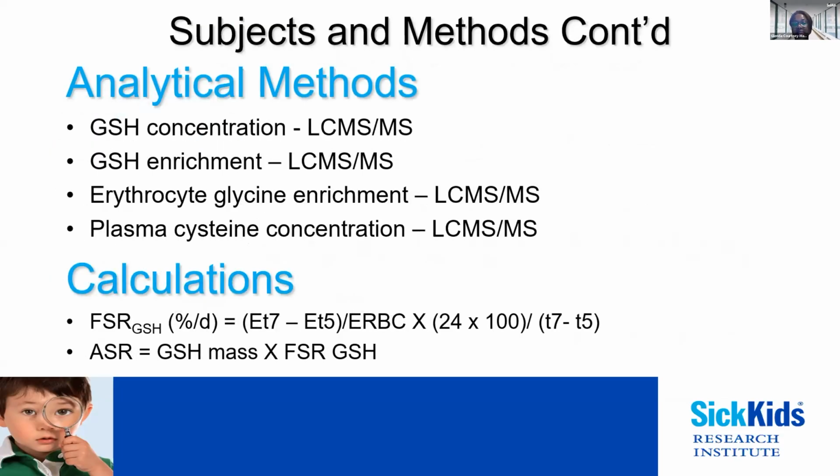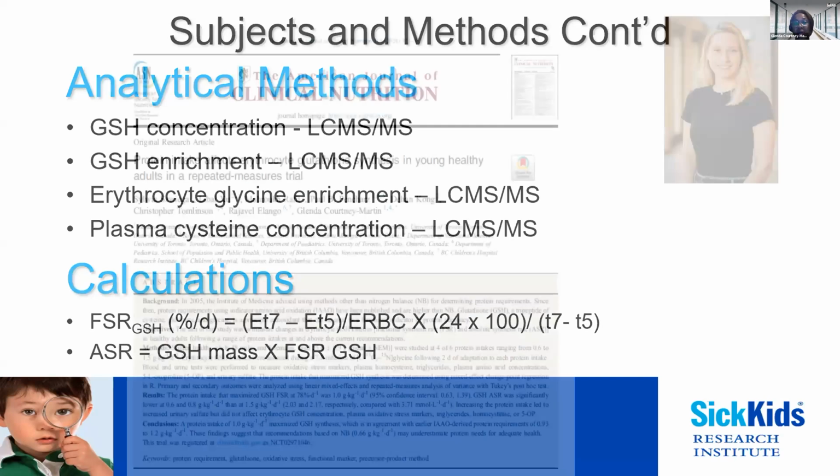We used tandem mass spec to analyze the concentration and enrichments of glutathione. And also, because it's a precursor product using steady state kinetics, we analyzed to ensure that we had steady state of glycine in the precursor pool. And then we calculated fractional and absolute synthesis rates using these equations.